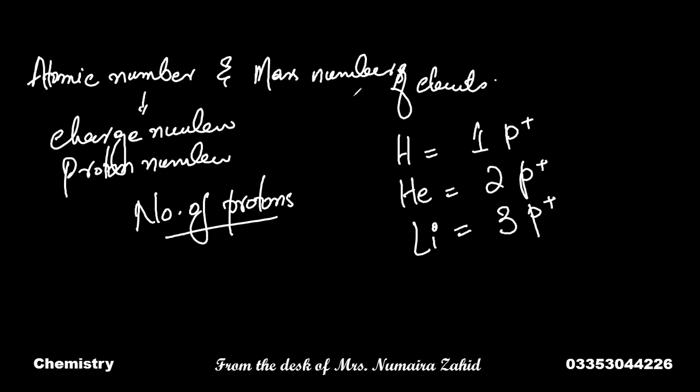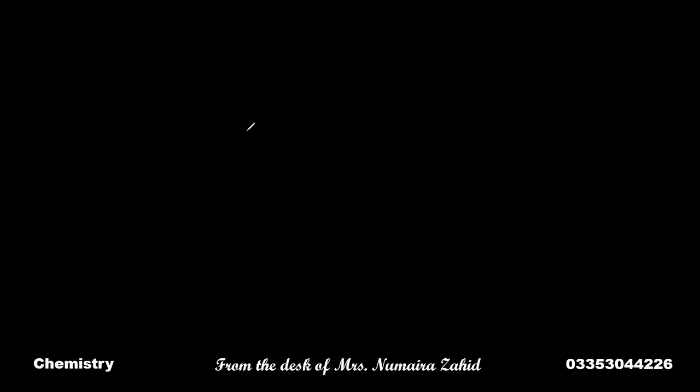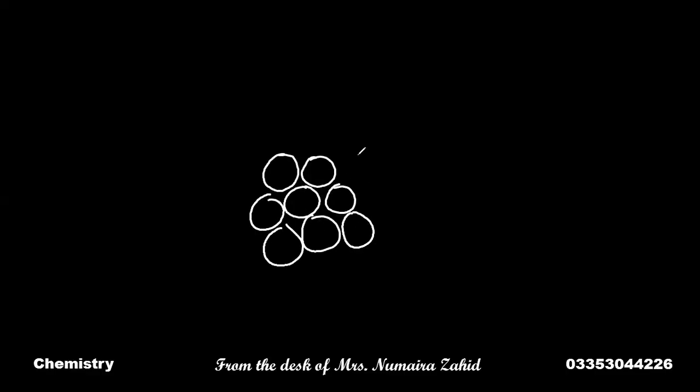And the mass number is the number of protons plus the number of neutrons in an element. As you know, there are many particles present inside the nucleus of an atom. This nucleus consists of some particles. These particles are actually protons and neutrons.